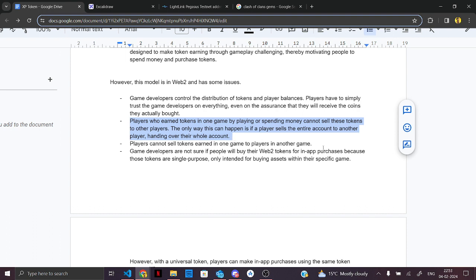And of course you cannot use these tokens in other games, or sell these tokens to players of other games. So you cannot sell your Clash of Clans gems to someone who is playing Fortnite. You cannot use them in Fortnite. And the last thing which is bad for game developers is that they are not sure if they will end up having a proprietary token no one is using.